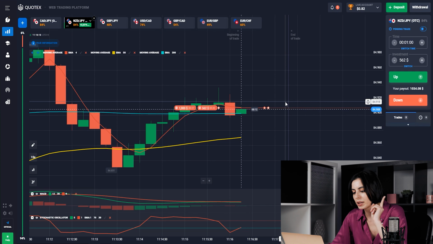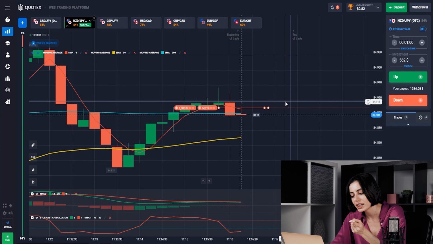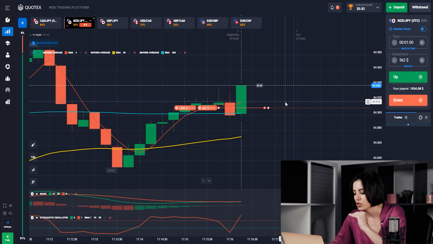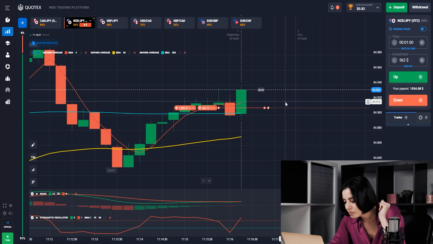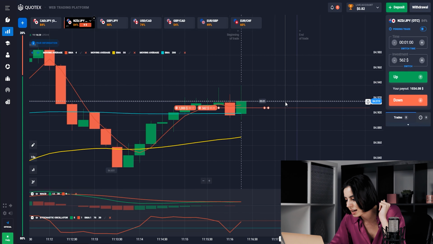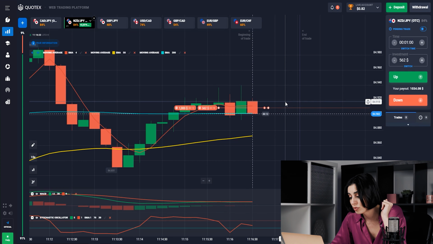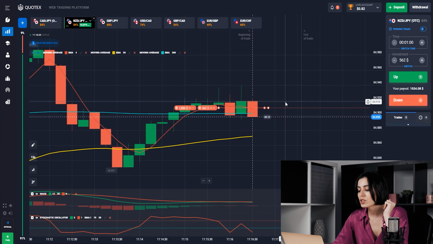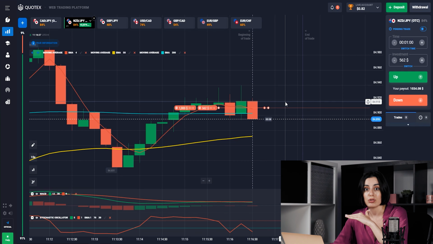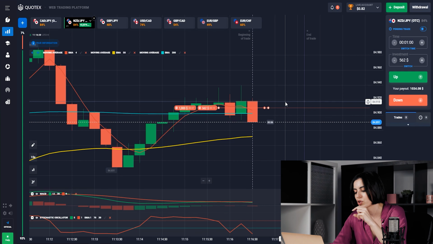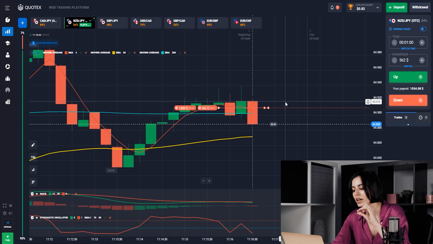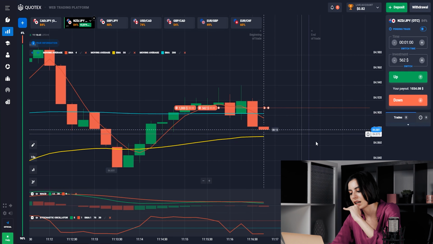That could actually mean that we could have it as a win or just stay in the same position. But let's see, there are not so many seconds left, and when both lines of the MACD are so flat, it actually means that we are getting flat on the chart also, because the candles, like the orange, the green, the orange, the green, are all just at the same level.